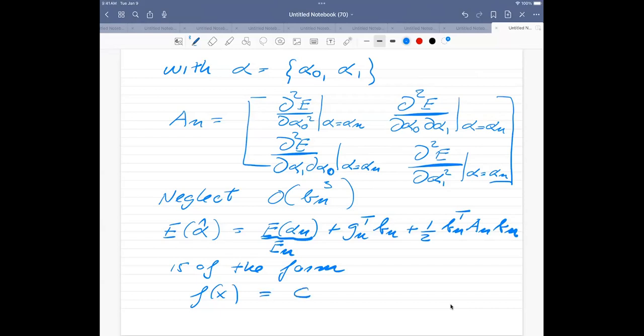It's given by a constant, c, plus some vector x multiplied with a gradient, where g is the derivative of this function f of x, plus 1/2 x transposed times a matrix A times x. Now g here doesn't need to be the gradient, because you could have a function which is much simpler than the one you see here, but this is a general type of problem which we end up with.